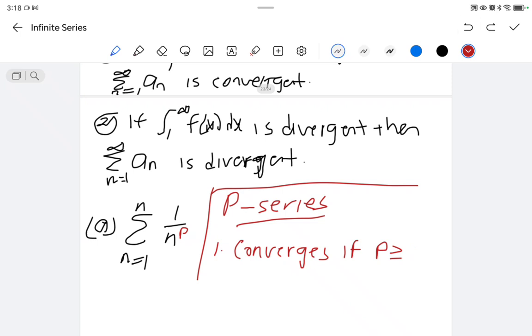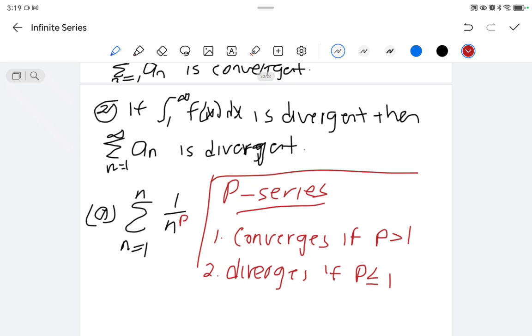It converges when p is greater than 1, and diverges otherwise. So this is what we should know about the p test.